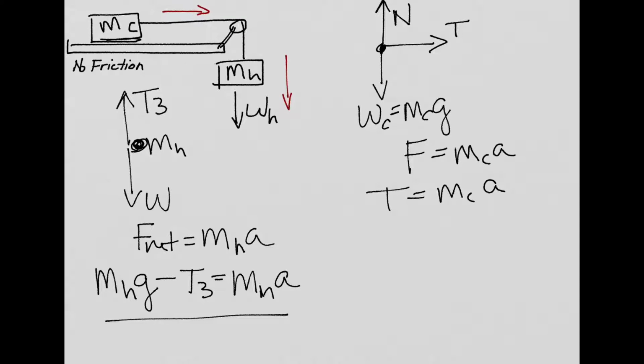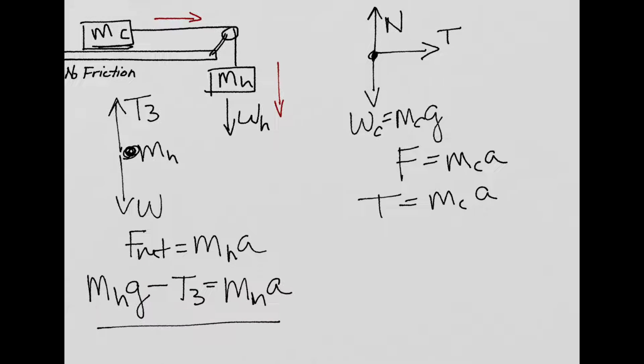Okay? So that's, again, fairly simple. The cart moves because the tension pulls it to the right. That's what Newton's second law for the cart says. The weight moves downward. It doesn't fall in free fall. If it did, mhg, its weight, would be the only thing working on it. But tension is pulling it upwards, so it's the difference between the weight and the tension that makes the hanging mass accelerate. So hopefully that makes some sense.